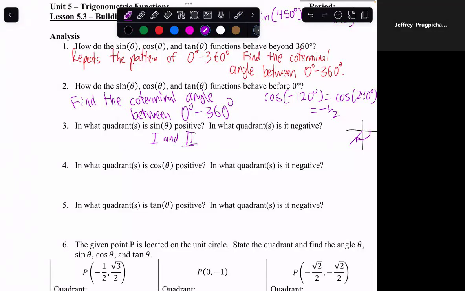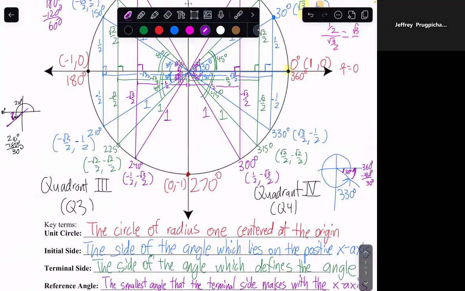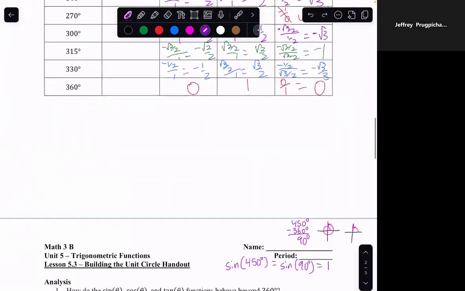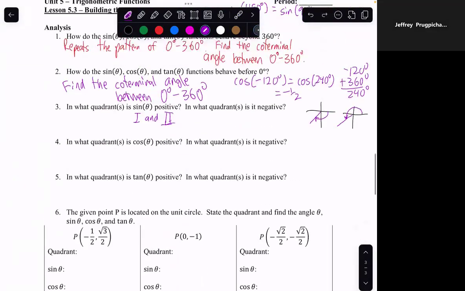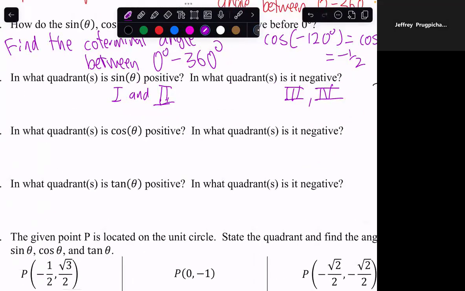On the other hand, sine is negative in quadrant 3 and quadrant 4. Hopefully you have the chance to think about the reason that makes sense. We'll explore it more next class.